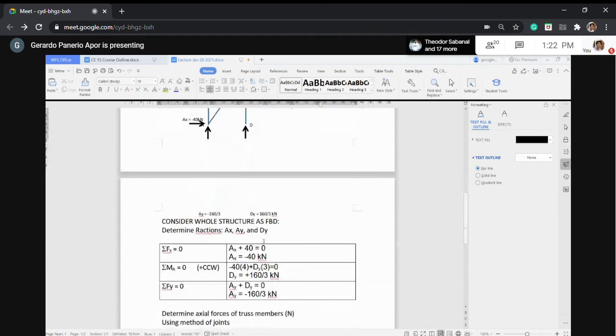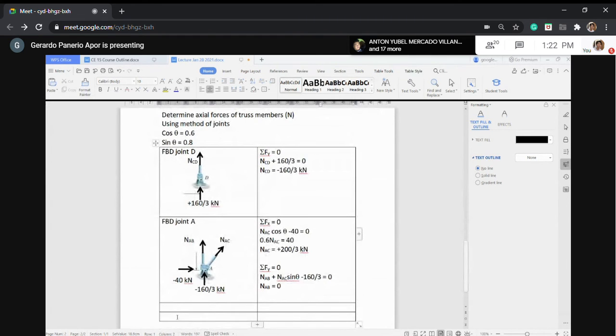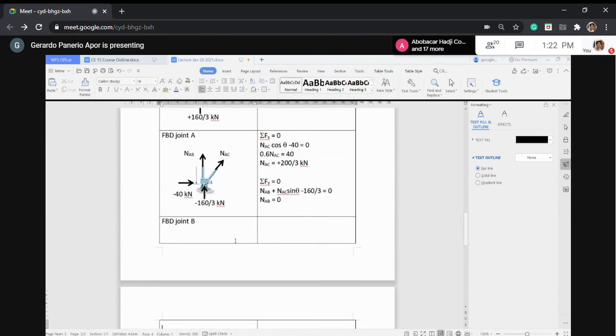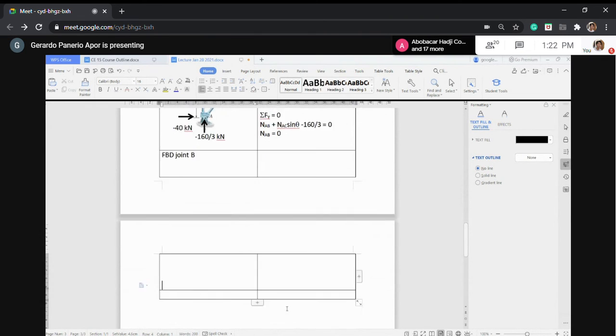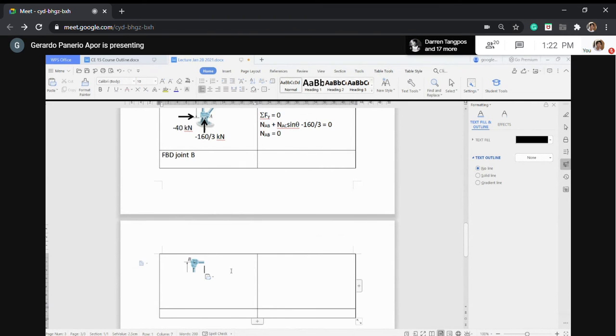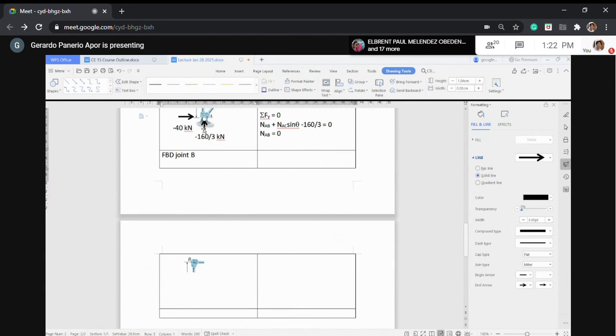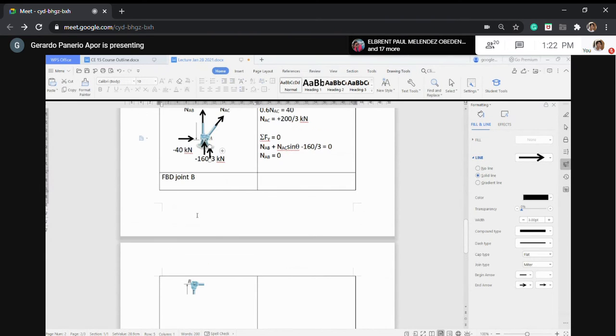So at joint B, copy, paste, zero, zero. Here there is a force, copy, paste.